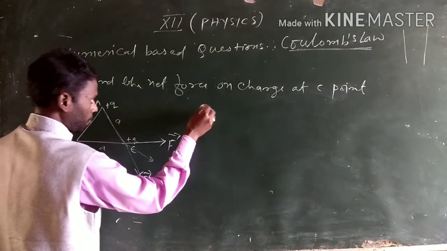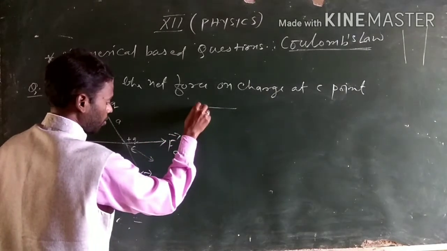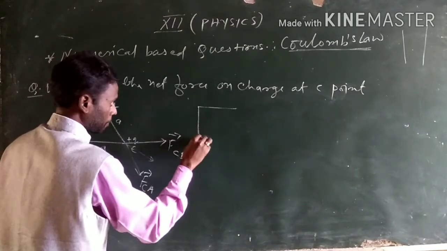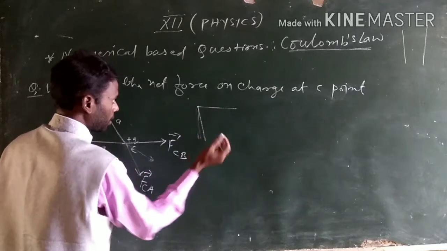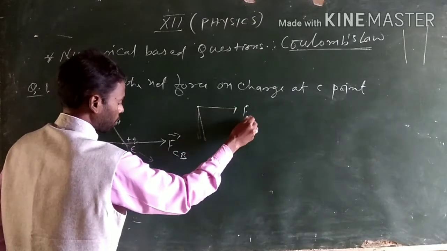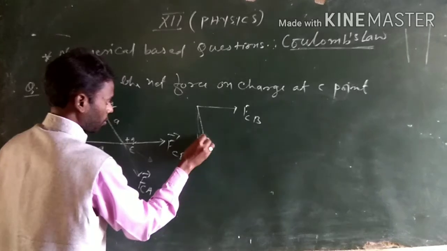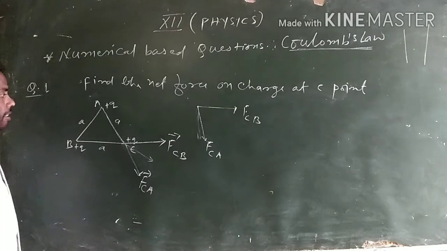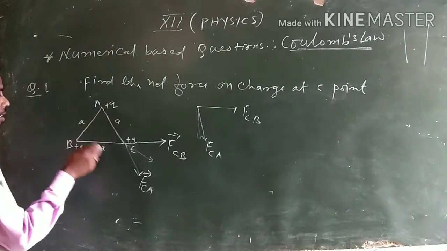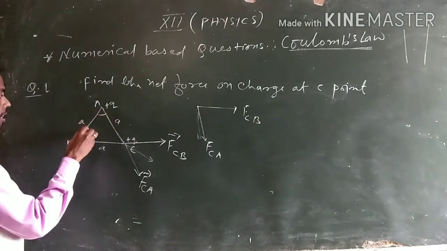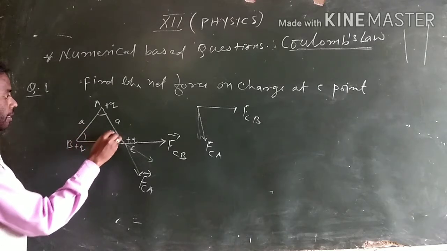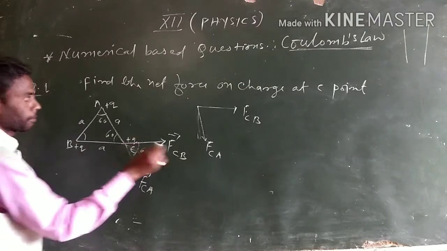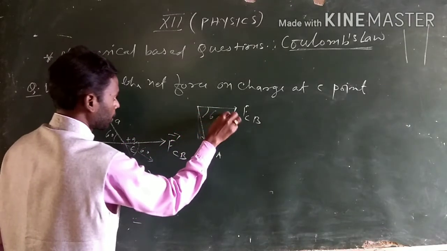That means we can draw the diagram like this. This is force CB, force CA. In an equilateral triangle each angle is 60 degrees, so here also it will be 60 degrees.